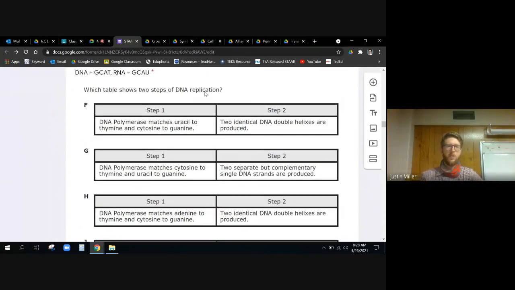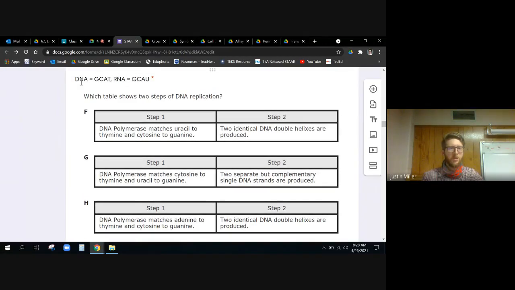All right, which table shows the 2 steps of DNA replication? As a friendly reminder, remember that DNA is GCAT and RNA is GCAU. So remember what RNA has that DNA doesn't have. If you see the letter U, or uracil, U stands for uracil.